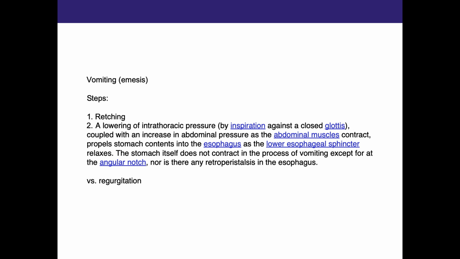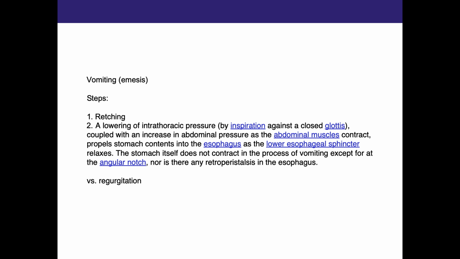right? So what happens when you do that is you actually create a negative pressure in your upper esophagus. Think about that. You're creating a negative pressure in the upper esophagus. And then a lot of times your stomach muscles contract. They contract your stomach actually, and they create a very high pressure in your stomach.